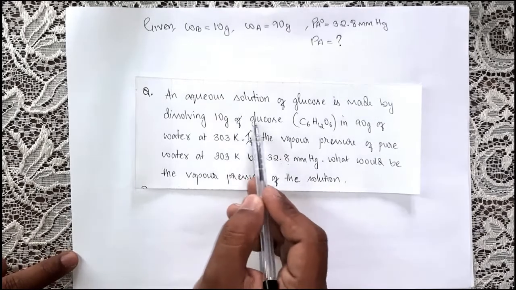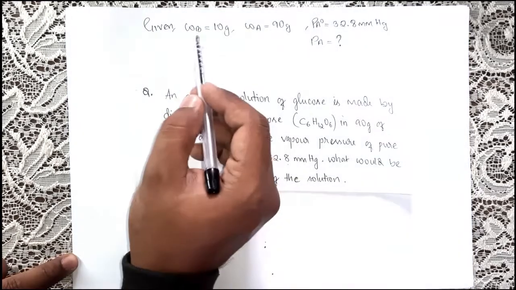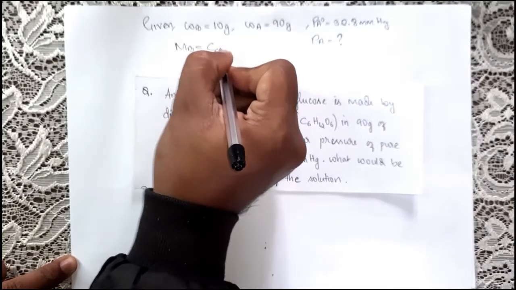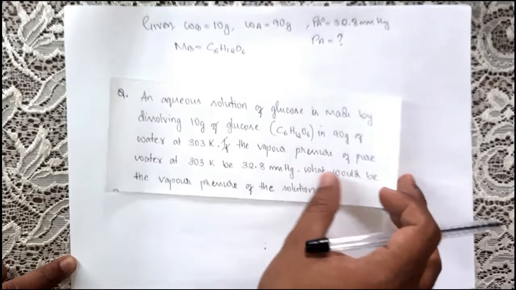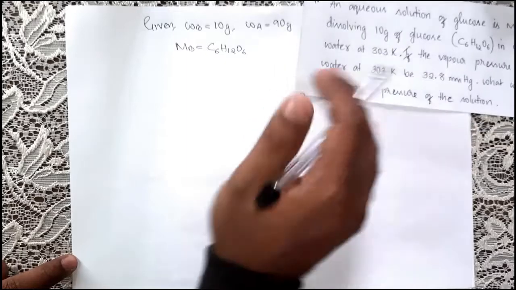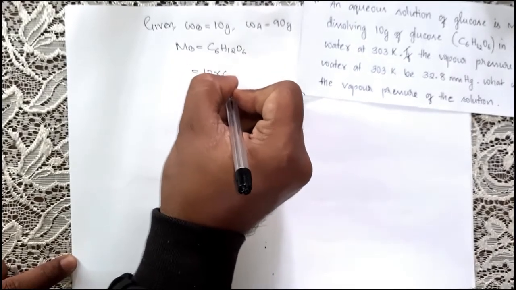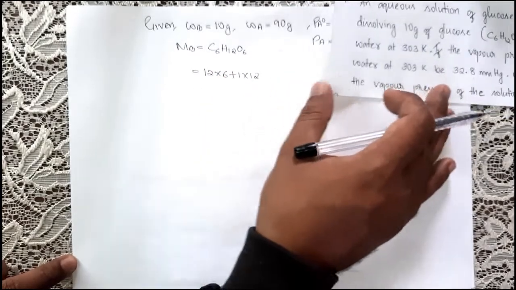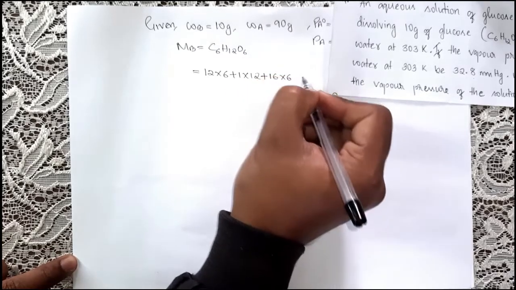So 10 gram of glucose. So glucose is a solute, which is WB. So MB, which is glucose, you have C6H12O6. So now we shall calculate for glucose. Atomic mass of carbon is 12, since there is 6, 6 into 12, since there is 12 hydrogen, and atomic mass of oxygen is 16 into 6, since there are 6.